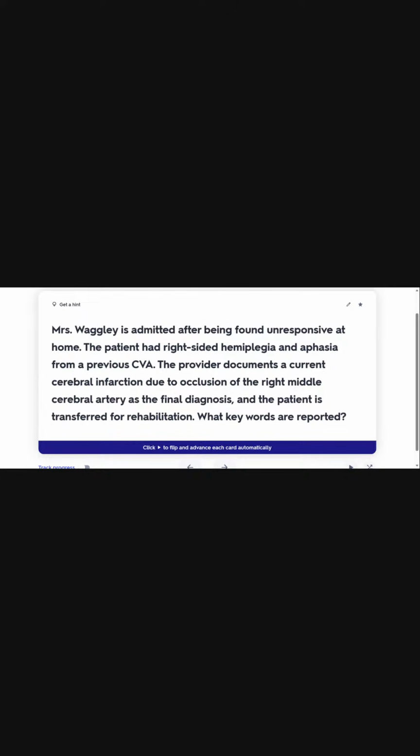And what keywords are we going to be taking out of this scenario? Let me know in the chat.